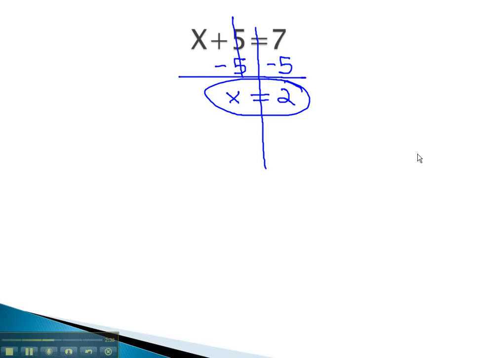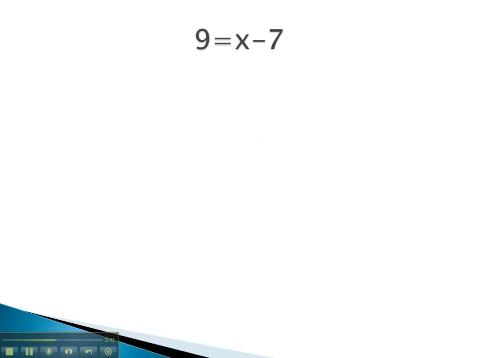Let's try another example. In this problem, 9 equals x minus 7. Again, we will balance through the equal sign and find x by trying to get it alone by removing the numbers with x. Here, there's a minus 7, or negative 7, with the x. The opposite of a negative 7 is a positive 7.